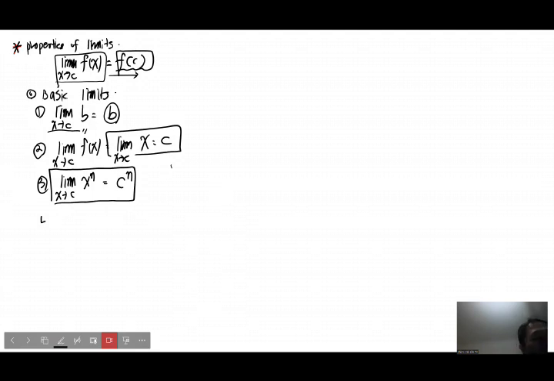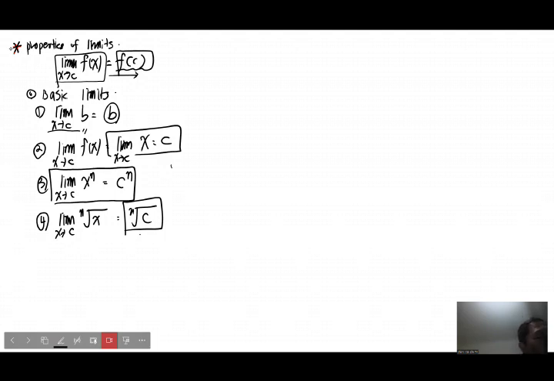Number four, the limit of x to the power of 1 over n, in case x goes to c, same thing, you need to plug c into x. So that has the solution of the nth root of c.